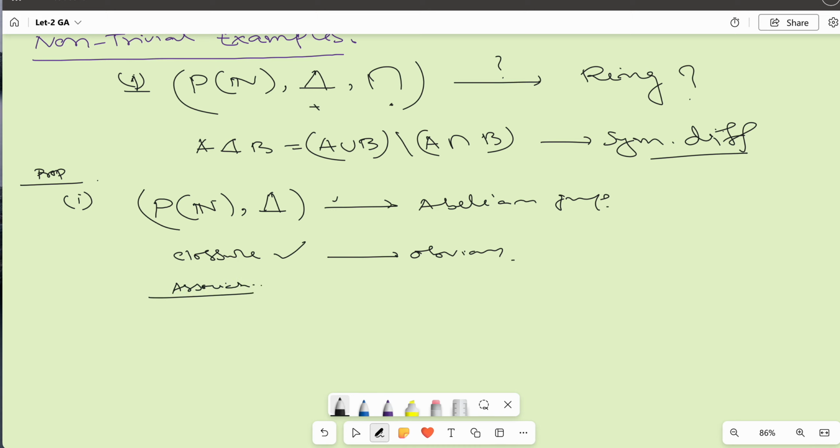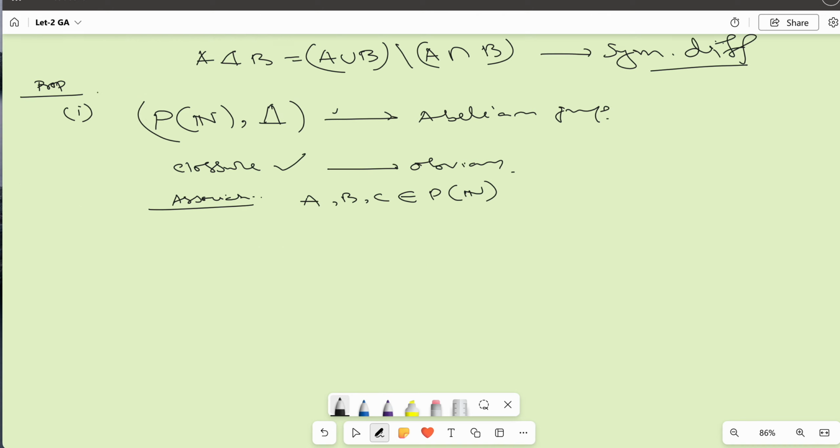Suppose A, B, C are three elements of the power set of natural numbers. You have to show that (A symmetric difference B) symmetric difference C is equal to A symmetric difference (B symmetric difference C). See, what is A symmetric difference B?